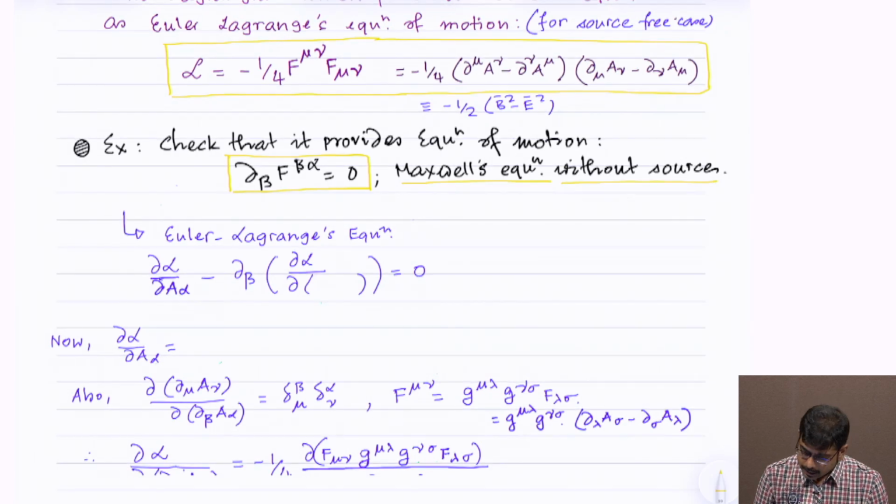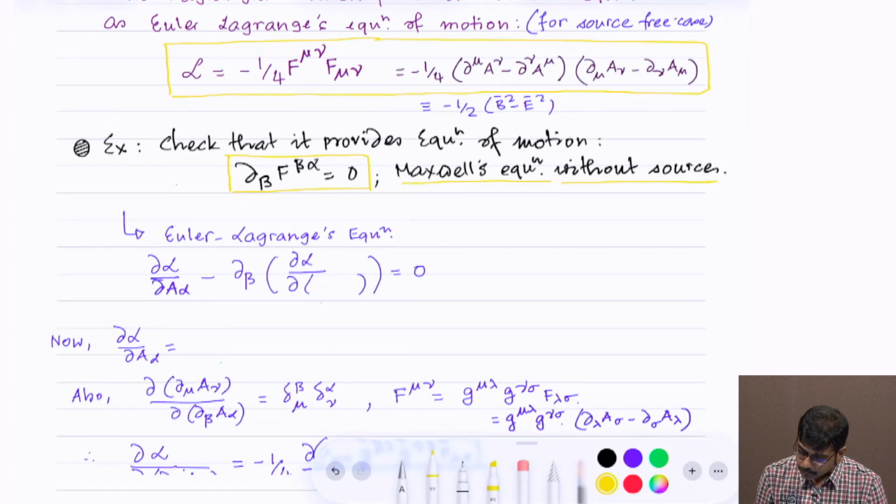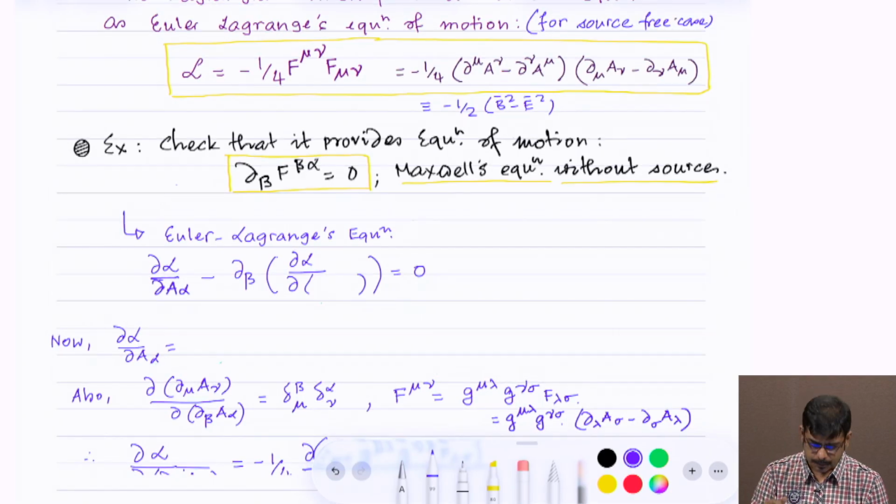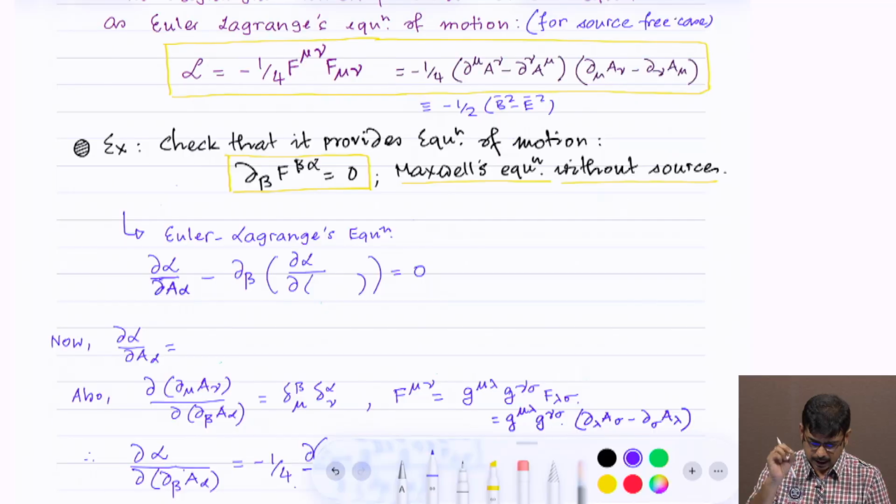Now, what will be the Euler-Lagrange equation that you can write for the photon field, or the vector field that we defined in terms of A_μ? To make sure that I do not get confused with these tensor notations, the Lorentz indices that we have, I am going to choose a completely different index.